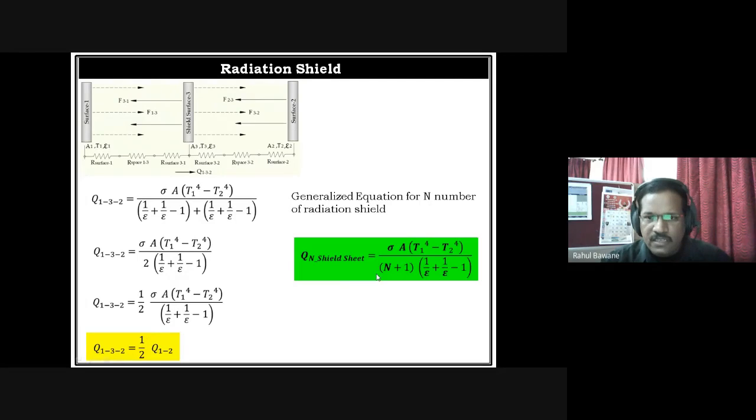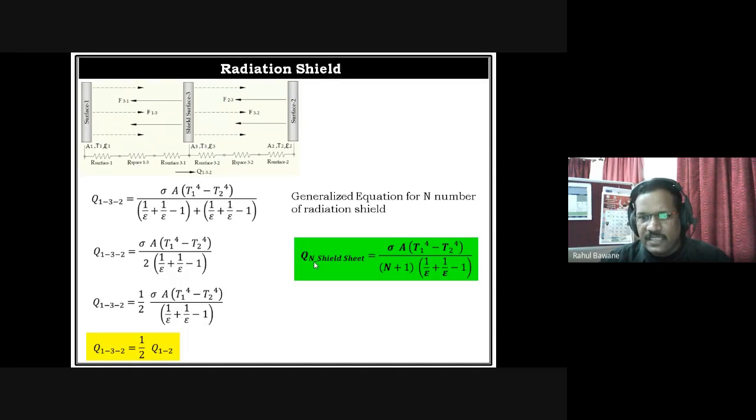So the generalized equation, if we insert n shields between two surfaces, the rate of heat transfer will be 1 upon n plus 1 of the without-shield heat transfer. So if I take it out, it will become 1 divided by n plus 1, and whatever is the remaining term, it is the rate of heat transfer between two surfaces without shield.